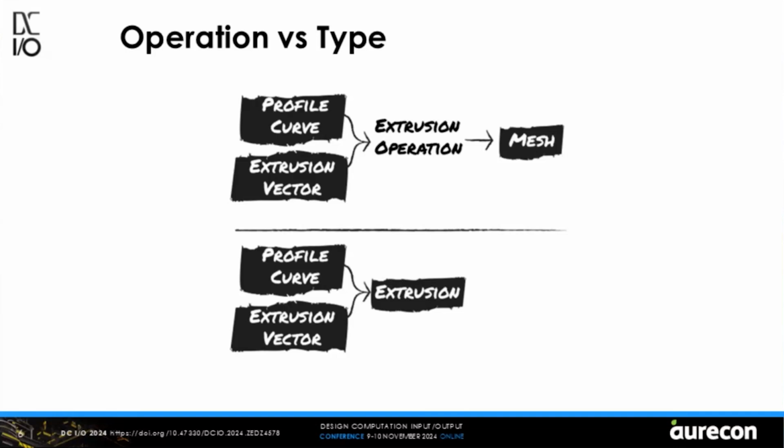For example, an extrusion operation could be defined as taking a curve and a vector and returning a mesh. However, if extrusion exists as a geometric type, then we can take the exact same curve and vector and produce an extrusion object. In fact, an operation is merely the absence of a geometric type being defined within a kernel.